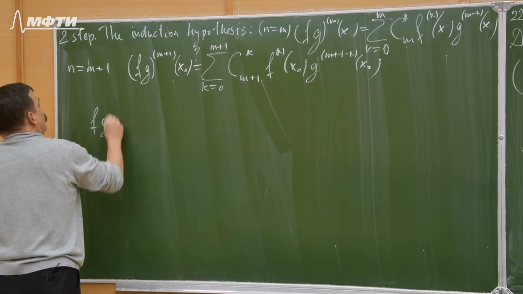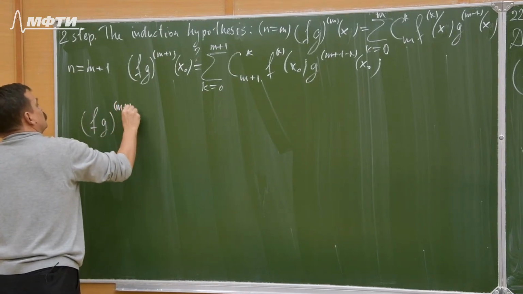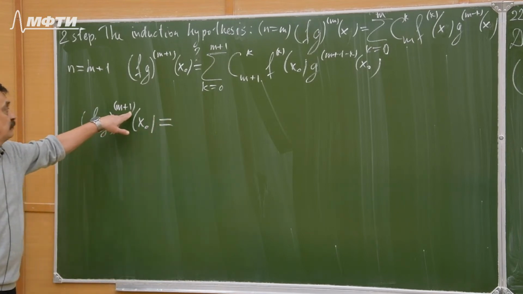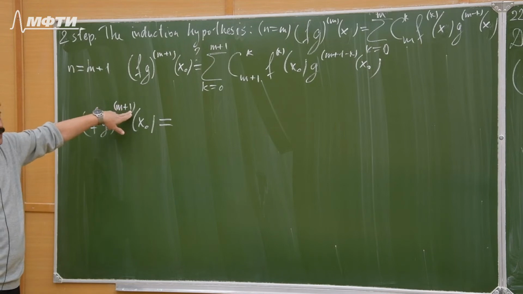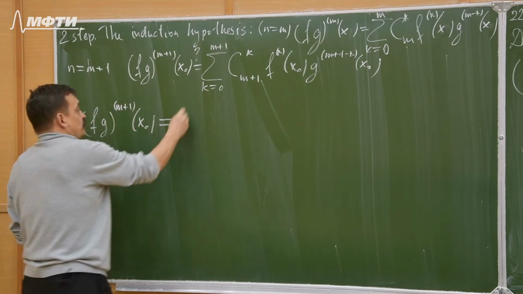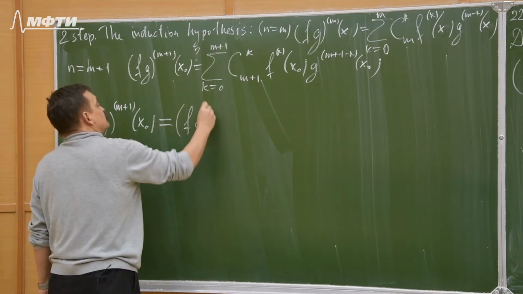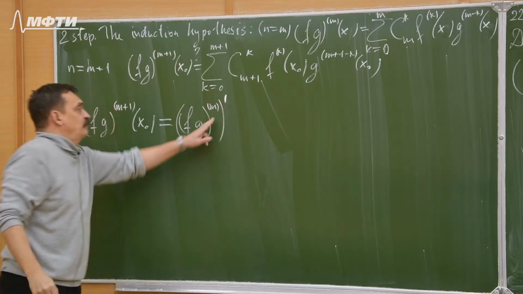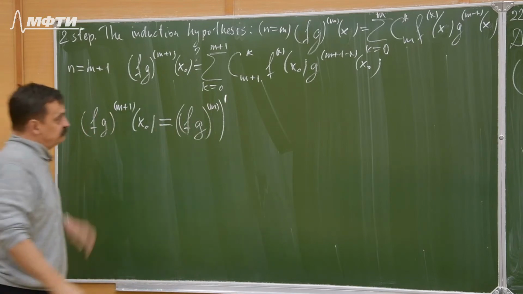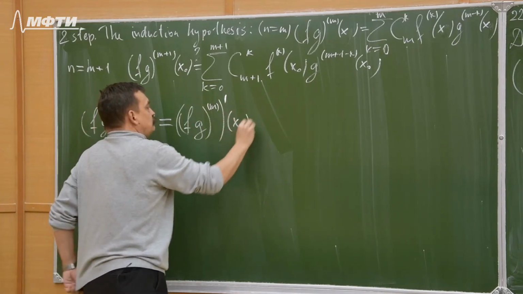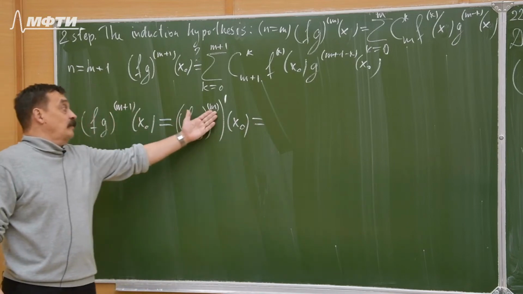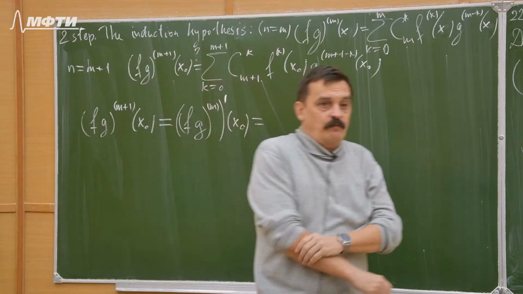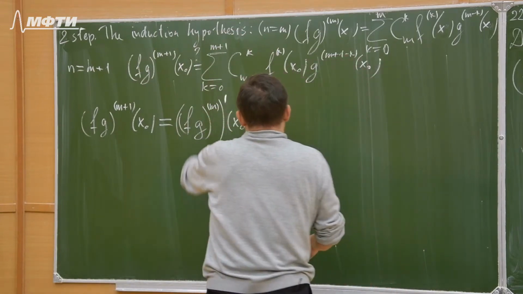So we know that by the definition of the derivative, the (m+1)th derivative is equal to, by the definition, the derivative of the mth derivative. And for the mth derivative, we have the induction hypothesis, so we can substitute.